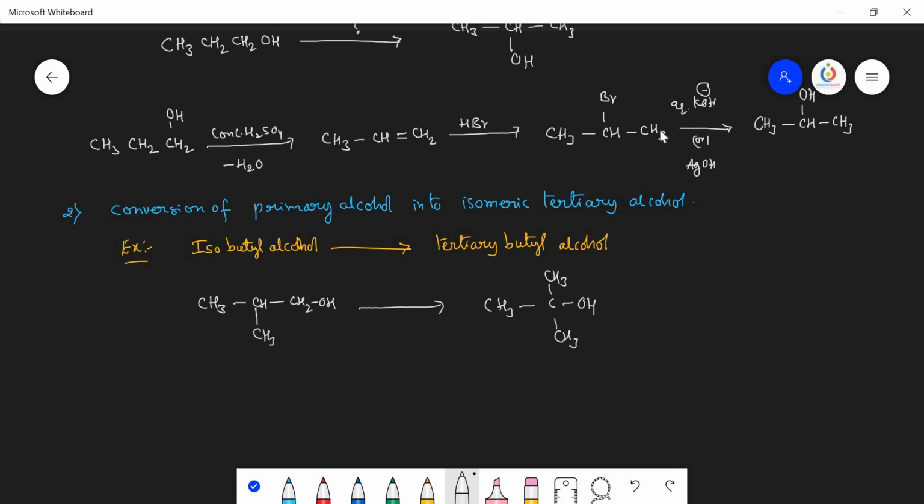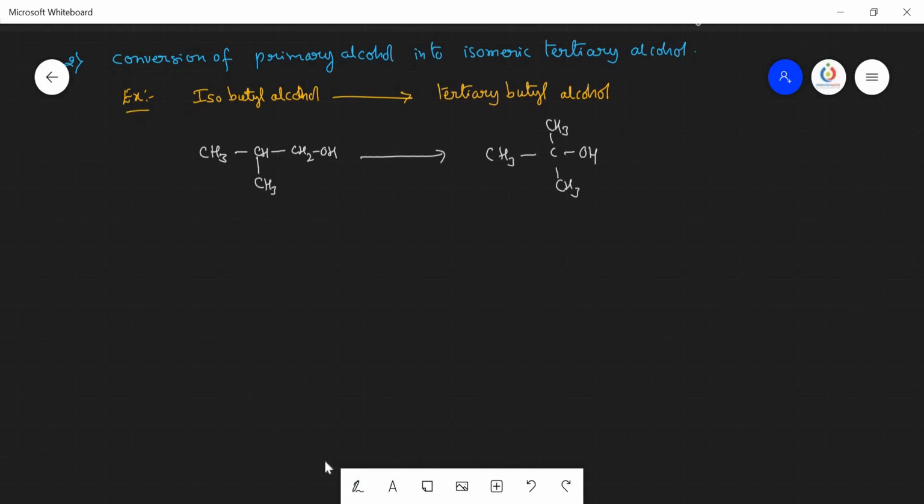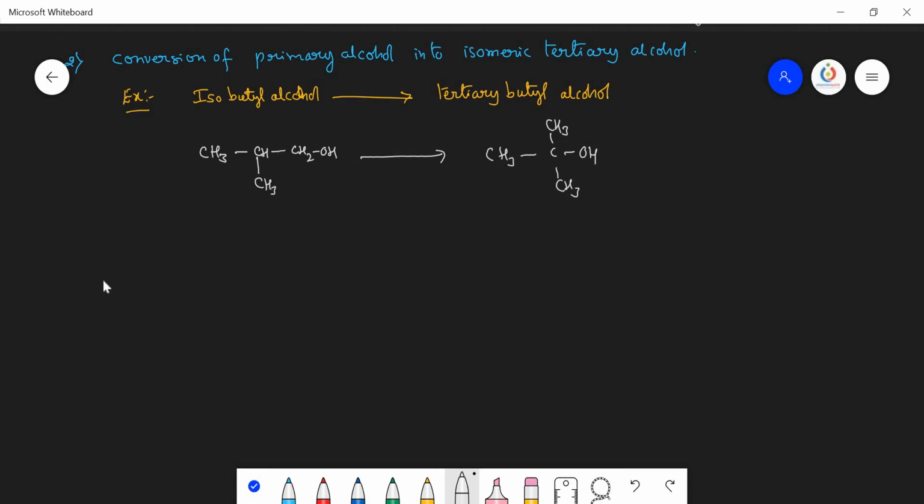Just again dehydration, HBr, the same sequence of reagents is to be used. So let's take the mechanism, it means the sequence of reactions. (CH3)2CHCH2OH subjected again to concentrated sulfuric acid, so that you will get isobutene.